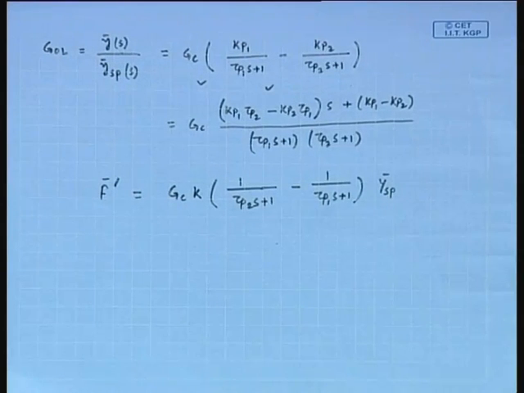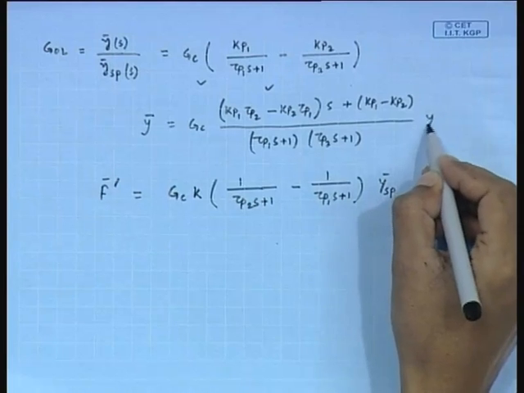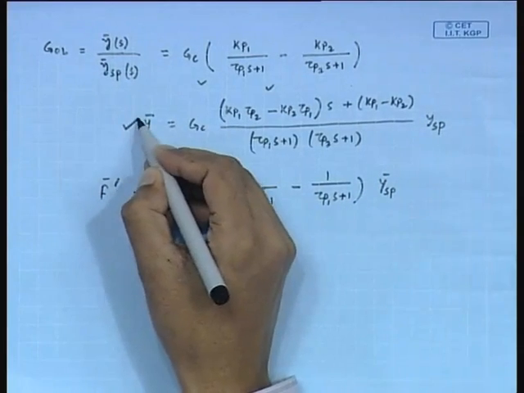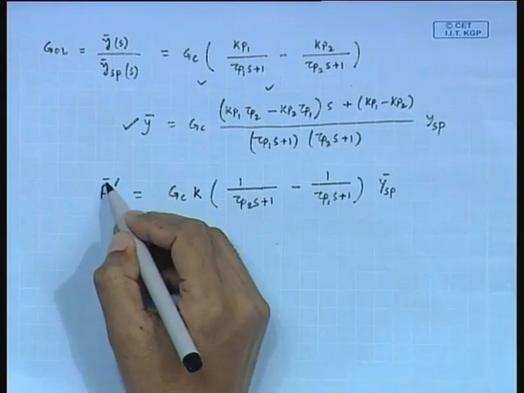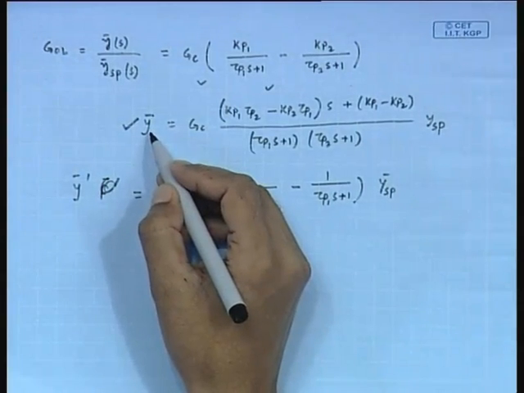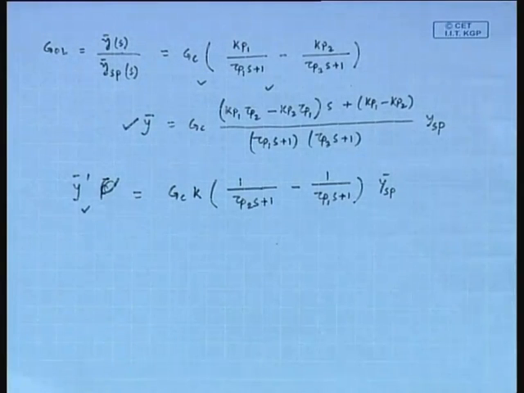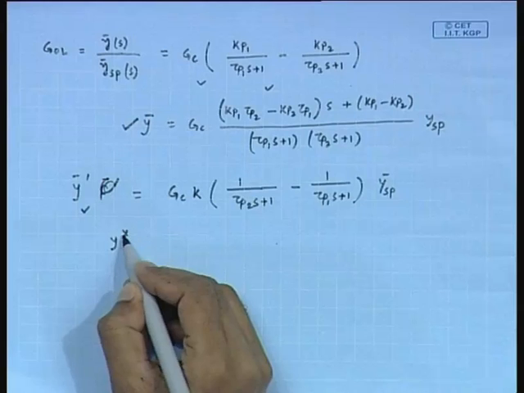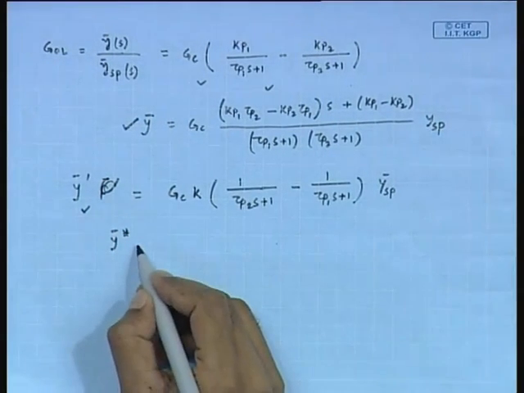Basically, this is the output y bar. No, this is not f prime, this is y prime. y is the process output, y prime is the compensator output. y prime is calculated so that ideally we obtain inverse free response, and that is y star.